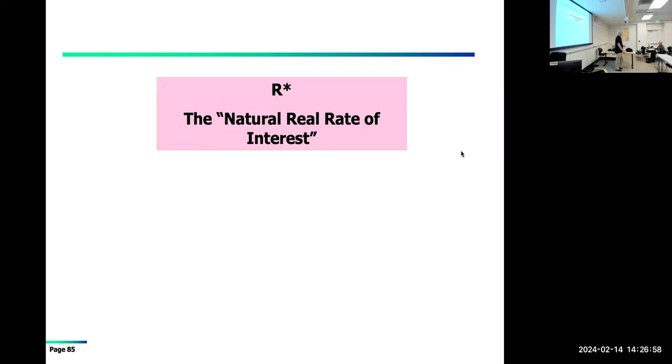R star is known as the natural real rate of interest. Like a lot of things in economics, you can talk about it, but measuring it is a whole different thing. The idea is, in the magical world of a fully employed economy, there is some real interest rate consistent with the equilibrium of the entire economy.